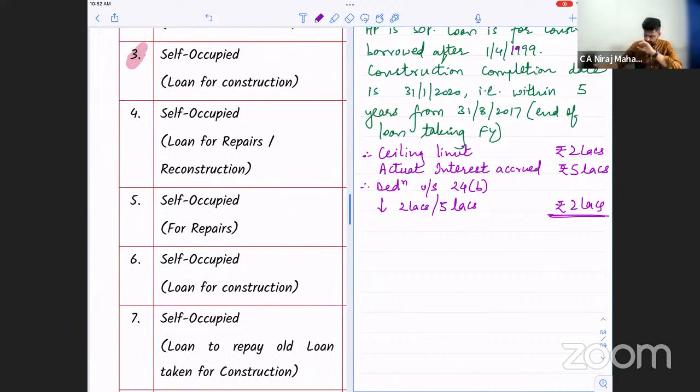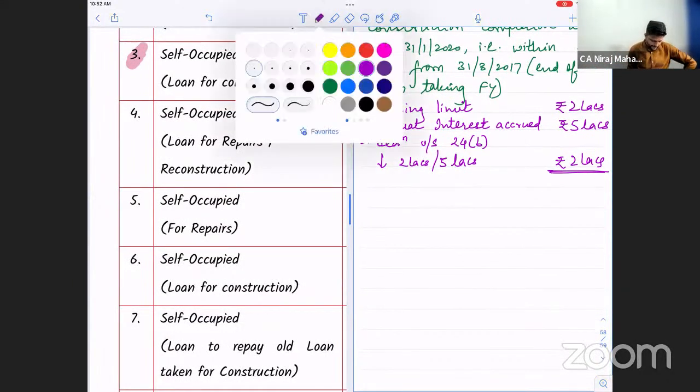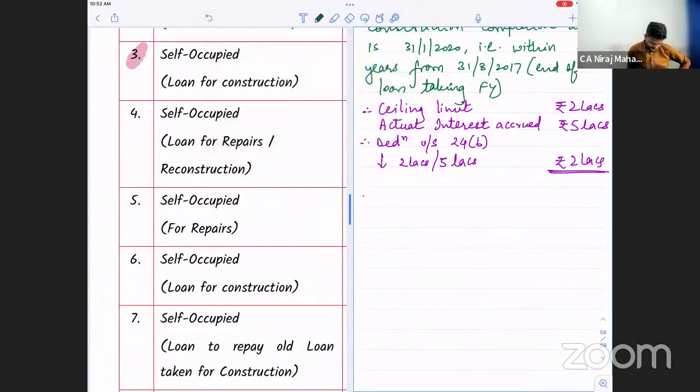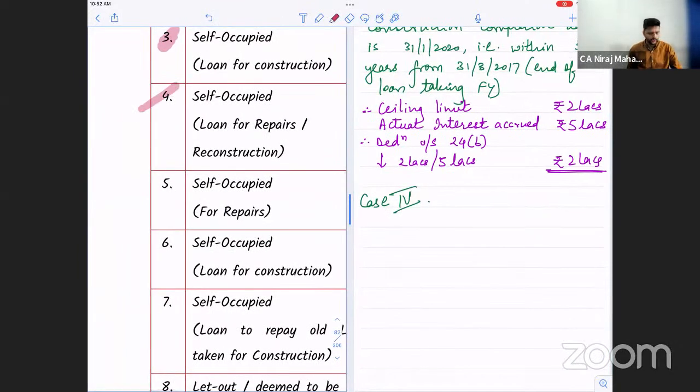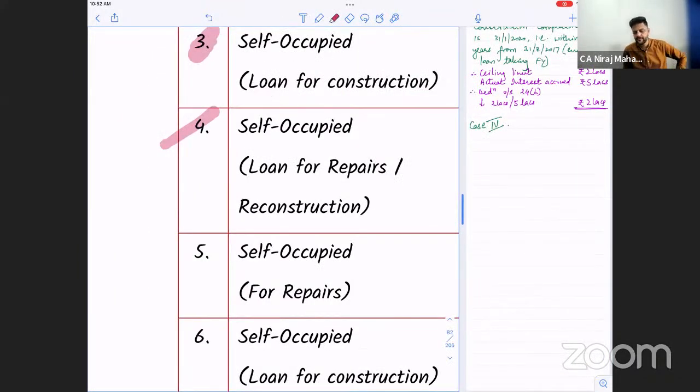Case 4. What is case 4? Ready now, everybody? Chalo. Case 4. SOP. Loan is for repair, reconstruction. What comes to your mind immediately?